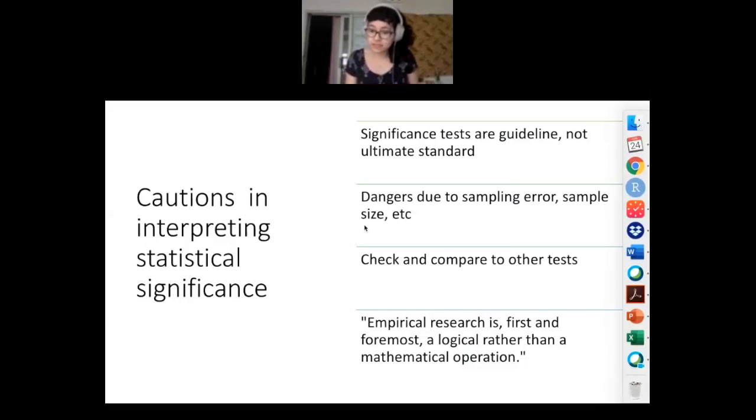And even if your statistical significance is high, say that your results say that for every 30% increase in poverty, there is a 0.1 chance that you're going to get involved in deviant behavior.